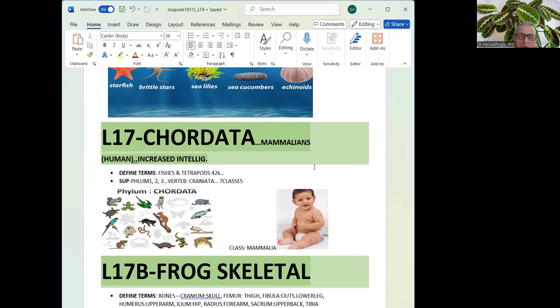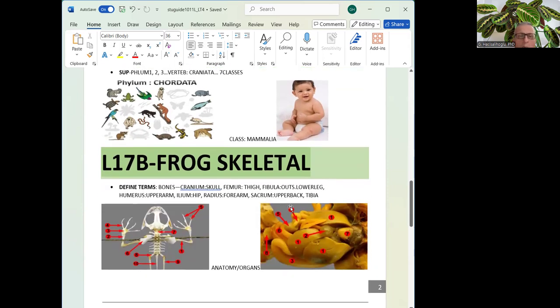So make sure that you look at the vocabulary terms like fishes, tetrapods, and 42,000 plus species, three subphyla, and the vertebrates, or Craniata, with seven classes. Look at each class and then at some examples of each class. Class Mammalia is obviously most important, so pay extra attention to class Mammalia.